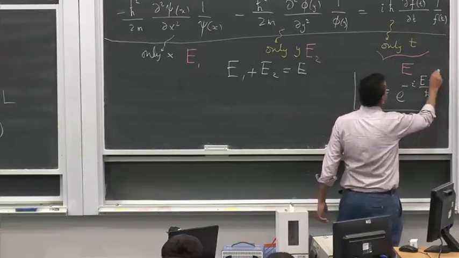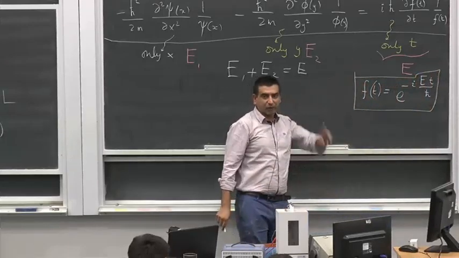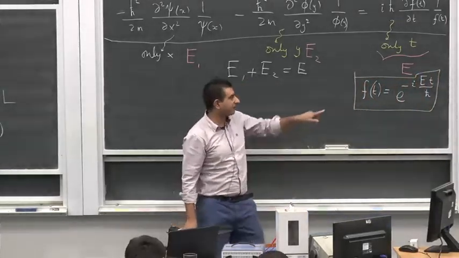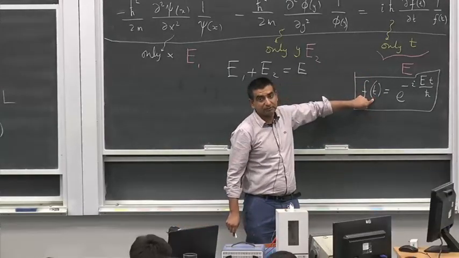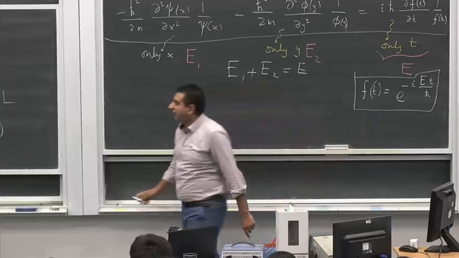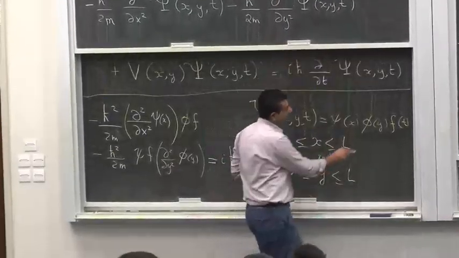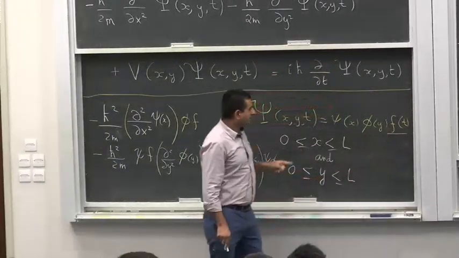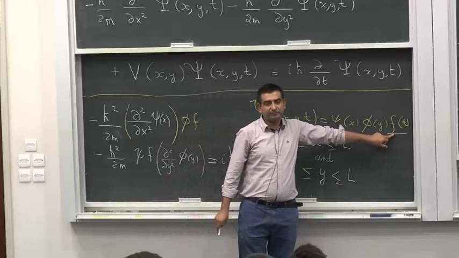This is the time dependent part of the wave function. So you can solve this equation. We've already done this for the one-dimensional example. If I were to solve this equation, I get this solution. Now this f actually comes in here. My goal is to find the entire wave function, so I've determined f already.